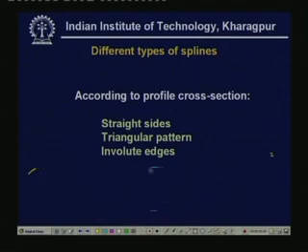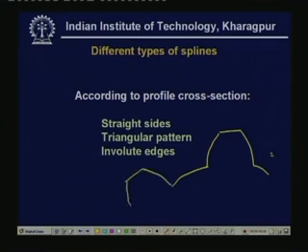So, these are the involute edges. Well, this is for the external spline. There are a few circles involved. One is known as the base circle. This is the base circle.